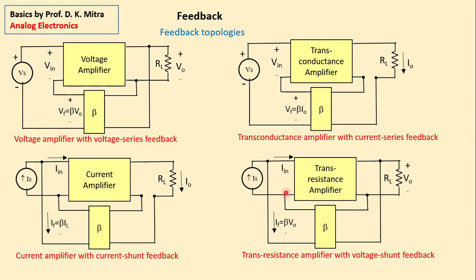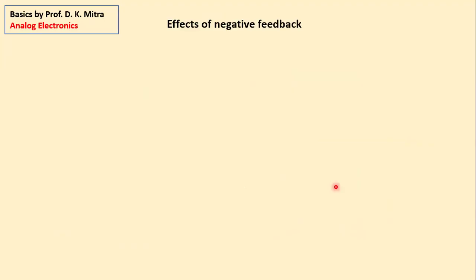Of course, the connection has to be a shunt connection. So this is a shunt feedback like this here, and feedback is based on the voltage, and the amplifier is a transresistance amplifier. So these are the four basic topologies of feedback circuits. Next, effects of negative feedback.